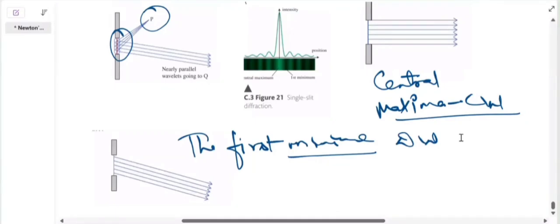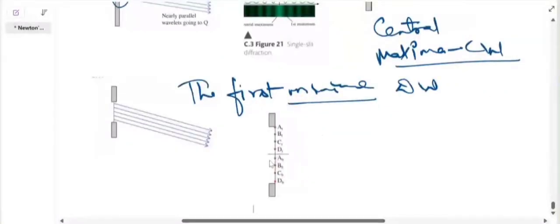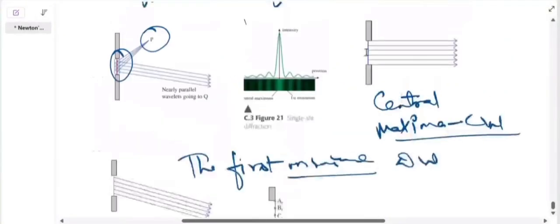Let me give you the pattern also. You will understand. So this is the pattern you observe in the minima. This is the pattern you observe in maxima. Check here, this is the central maxima.